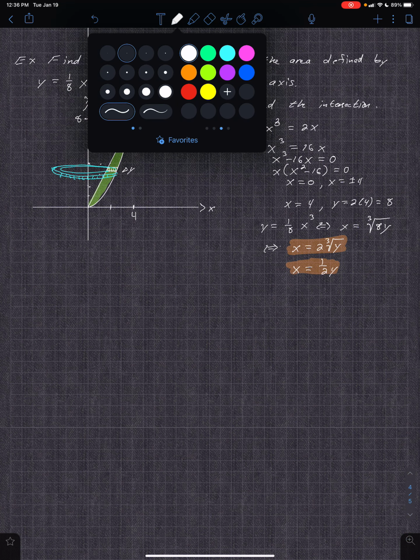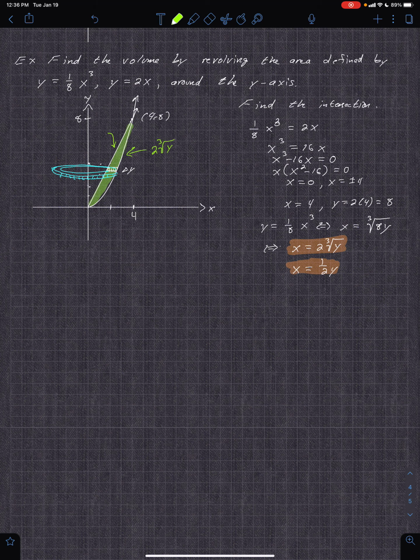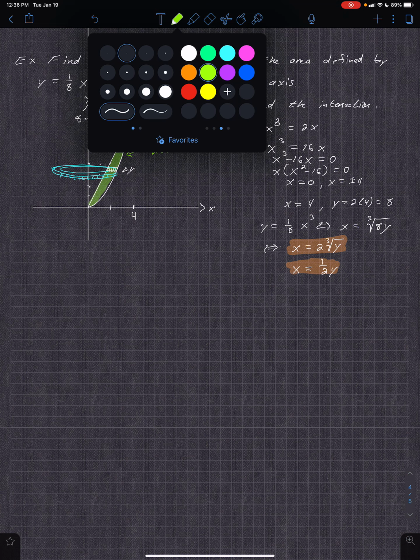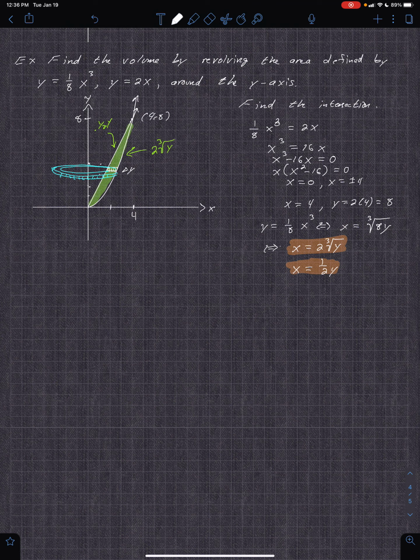So the large one is 2 cube root of y, and the small one is 1/2 y. Now set up, take your time here. What would the formula look like? So the volume is outside minus inside.